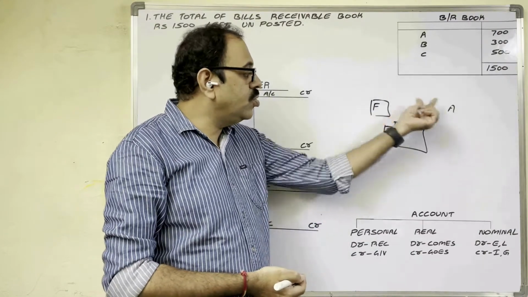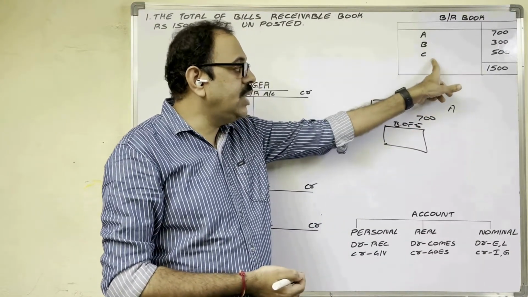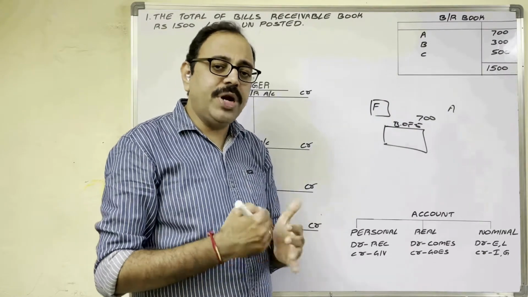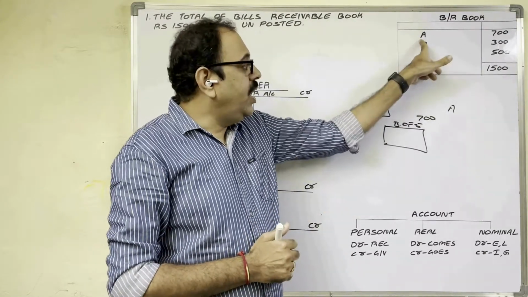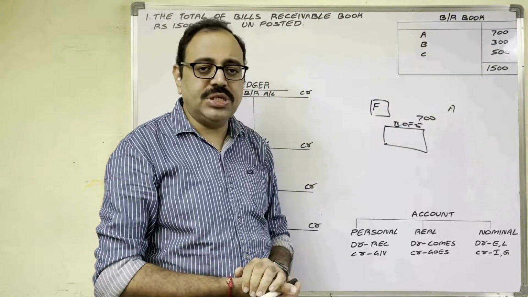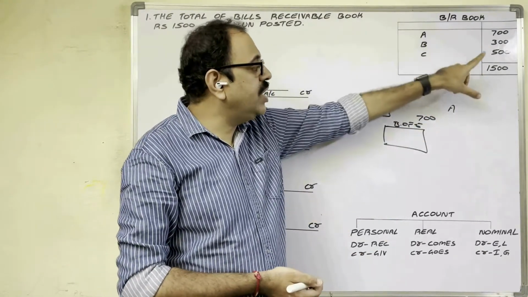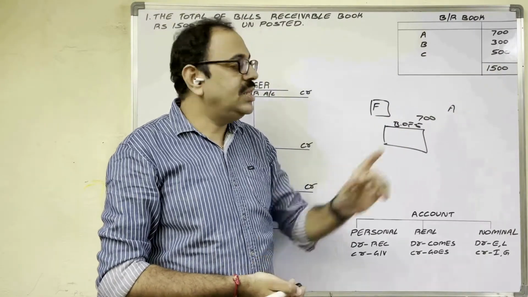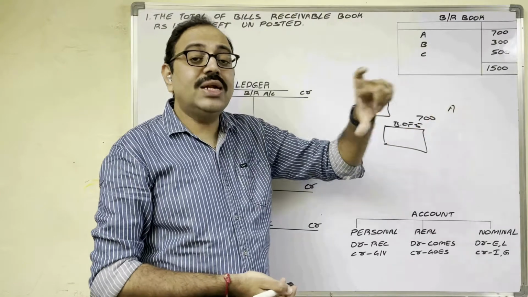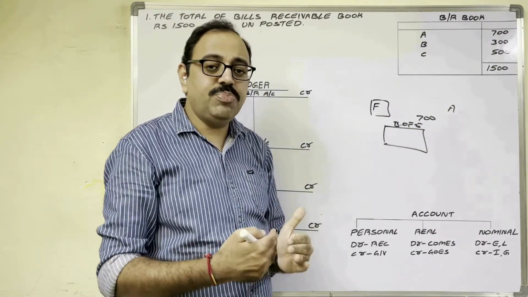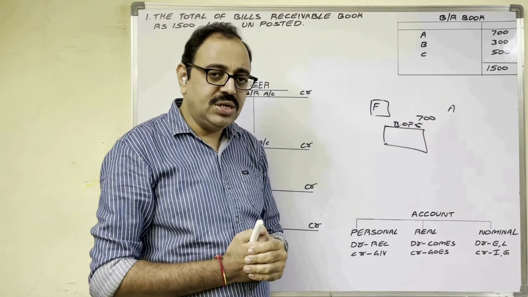Assume the firm sold goods to A, B, C on credit. So on these three debtors, the firm prepared bills: A 700, B 300, C 500 rupees. Then the total of the bills receivable book is 1500 rupees. In this manner, the firm records the transaction in the subsidiary book. After recording, the next step is posting, classification.